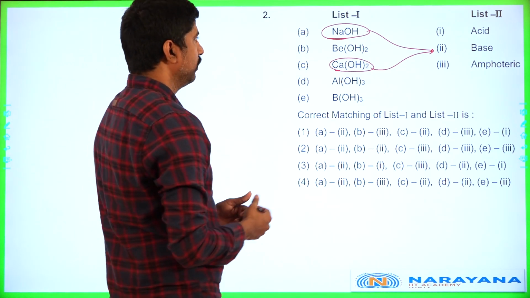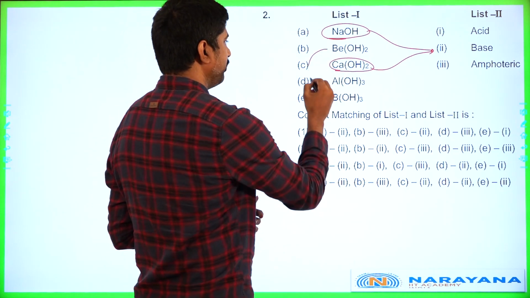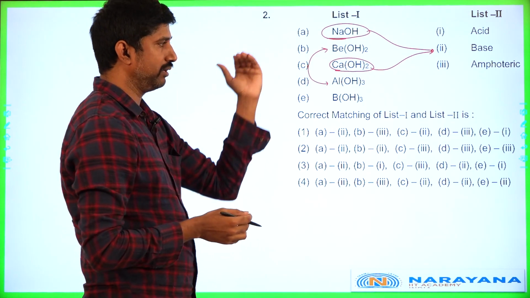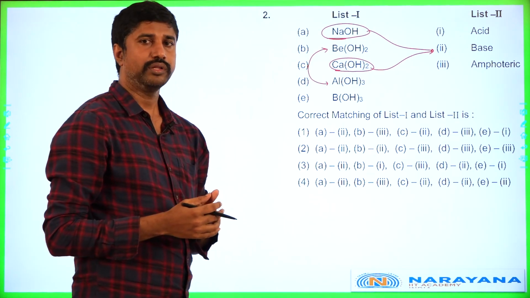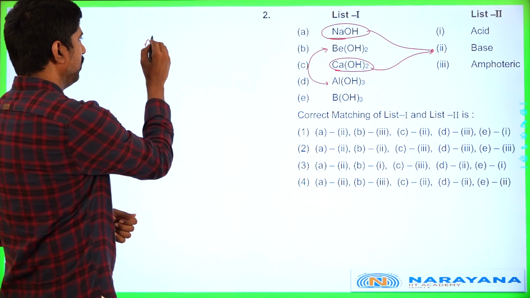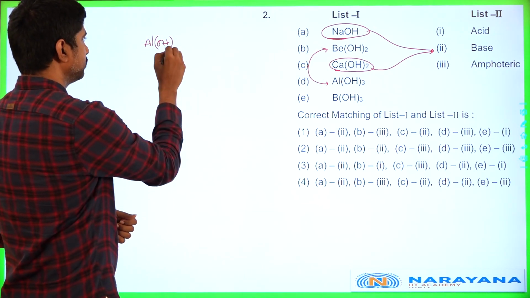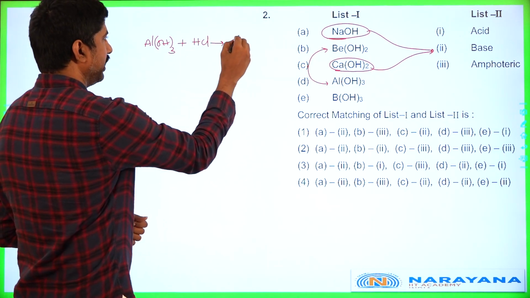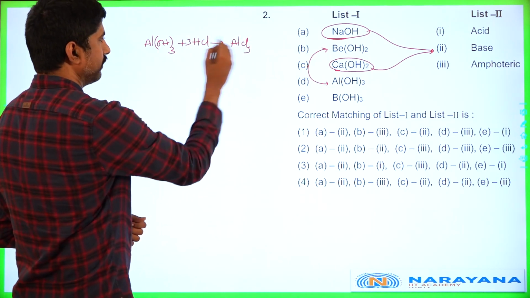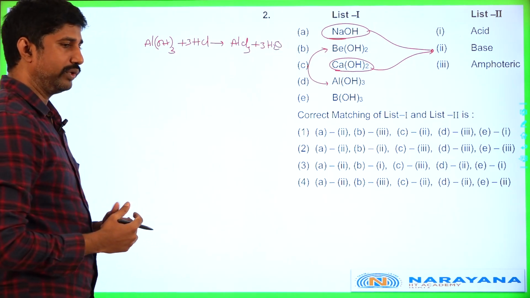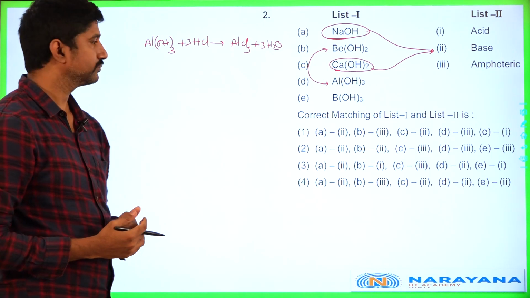Because beryllium and aluminum have the diagonal relationship, both beryllium hydroxide and aluminum hydroxide are amphoteric in nature. As we know, aluminum hydroxide can combine with HCl and give AlCl3, 3 moles of HCl giving 3 moles of H2O, which is an acid-base reaction.